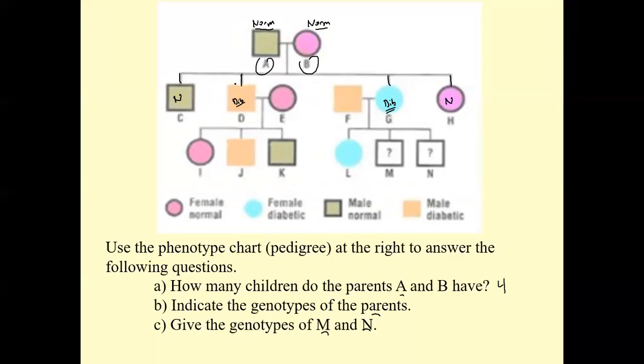So let's figure this one out. I'm going to make a little chart off to the side. I'm going to say that capital D is going to be normal, and that it's dominant over lowercase d, which is going to be having diabetes. And I'm going to say that that is recessive.